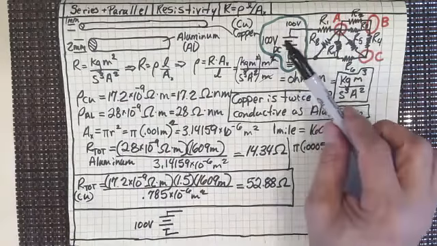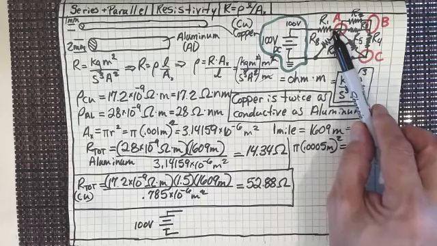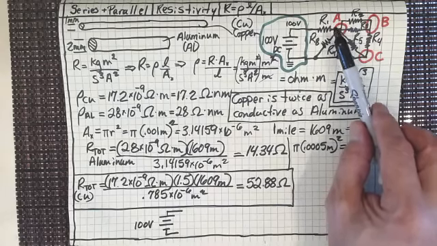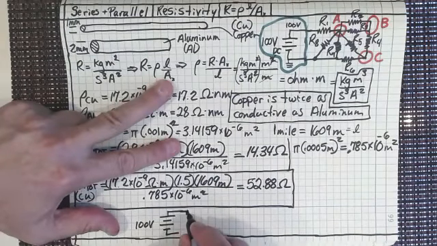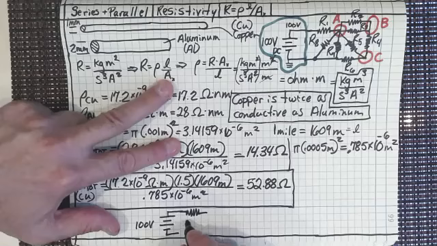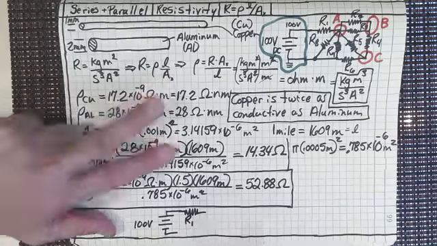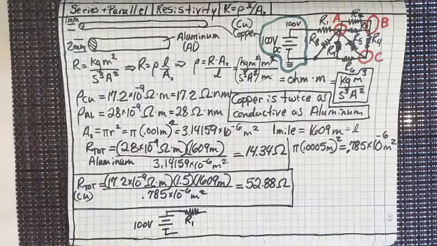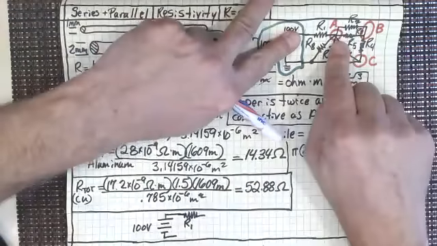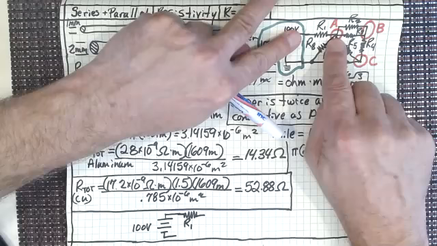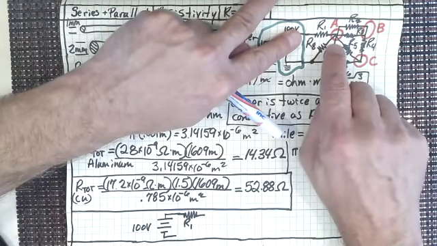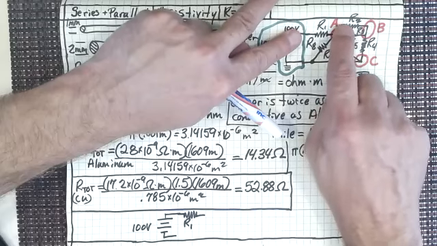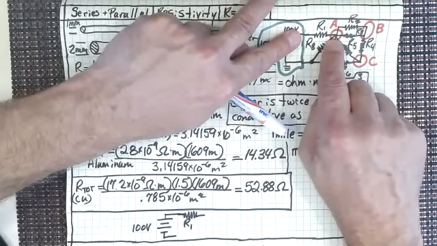Now, I come out of it and I go in series to R1. I think that everybody can see that I've got a node here, node A. And node A has 1, 2, 3, 4, 5, 6 things that are attached to it.